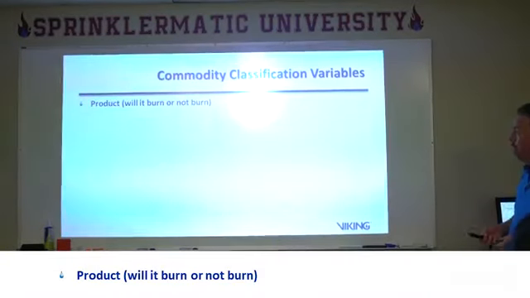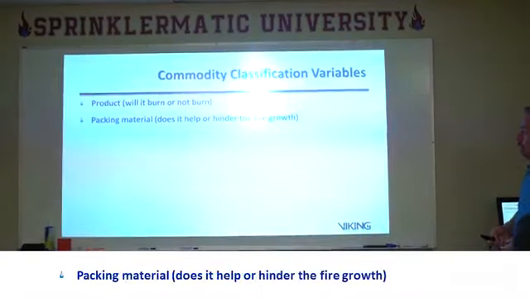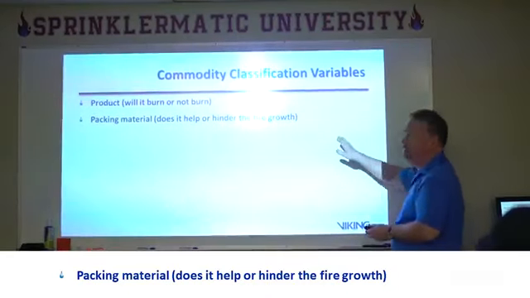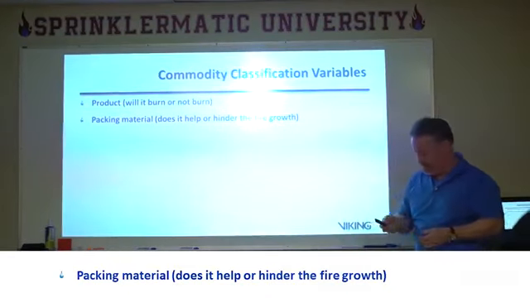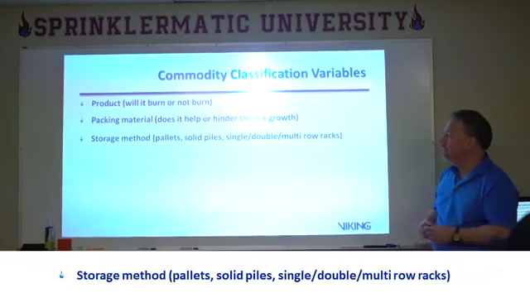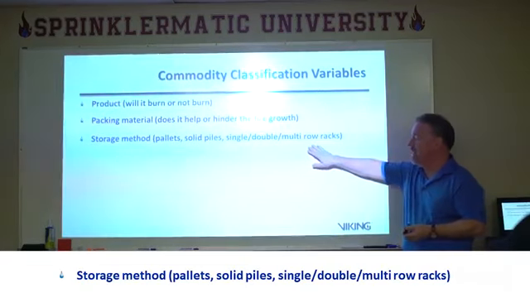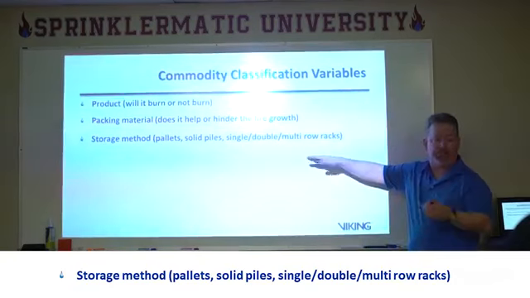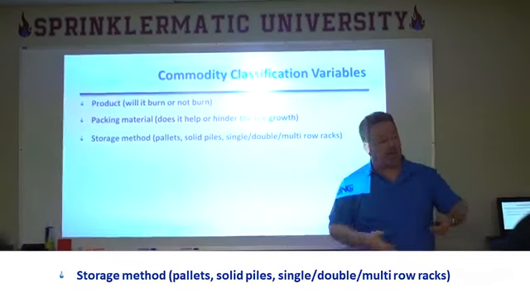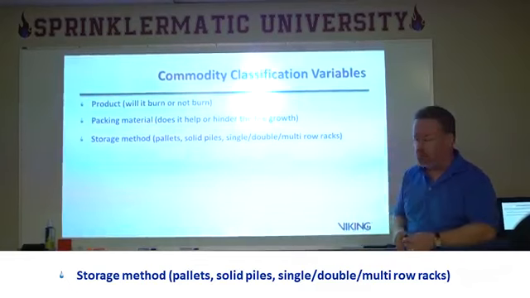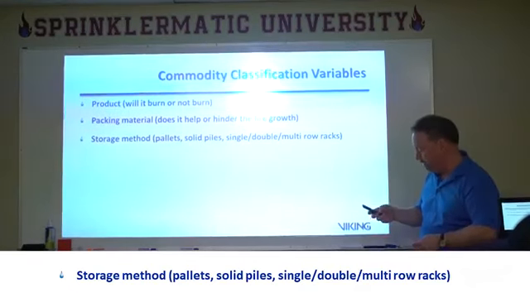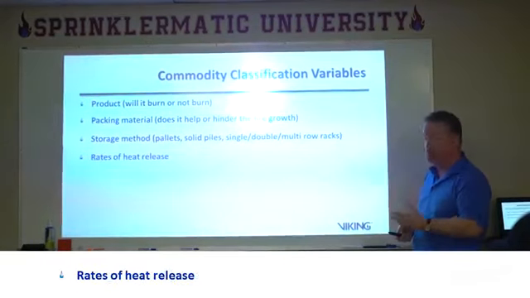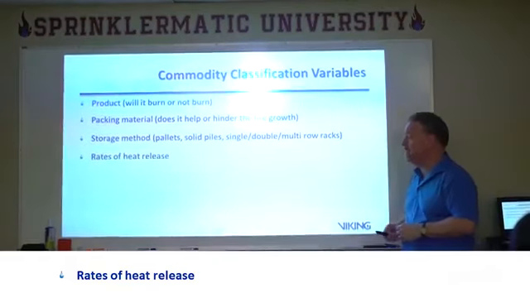Will the product burn or not? Does the packaging help or hinder fire growth? Storage method: is it on pallets, solid piled, single, double, or multiple row racks, movable racks, portable racks, all kinds of other arrangements that we might have. These are the variables as we go through each of the chapters.